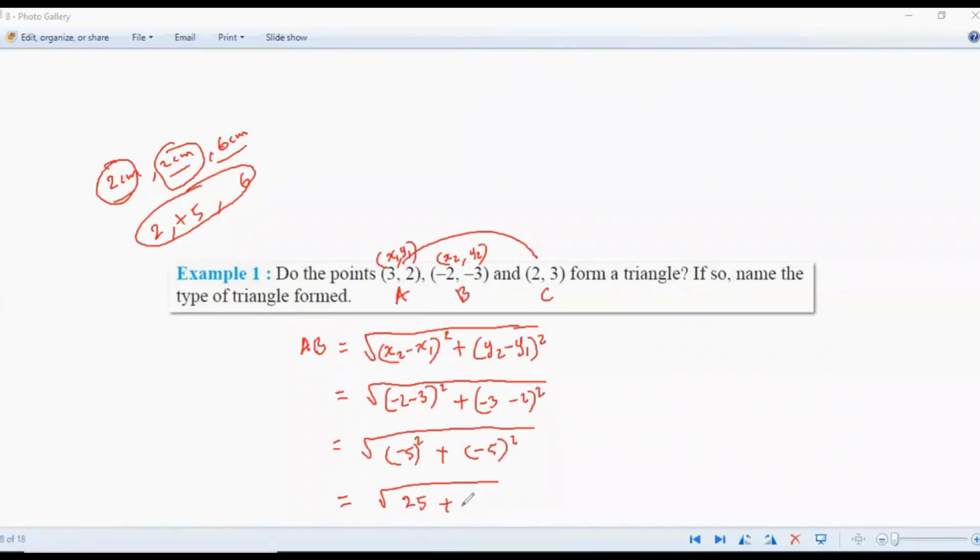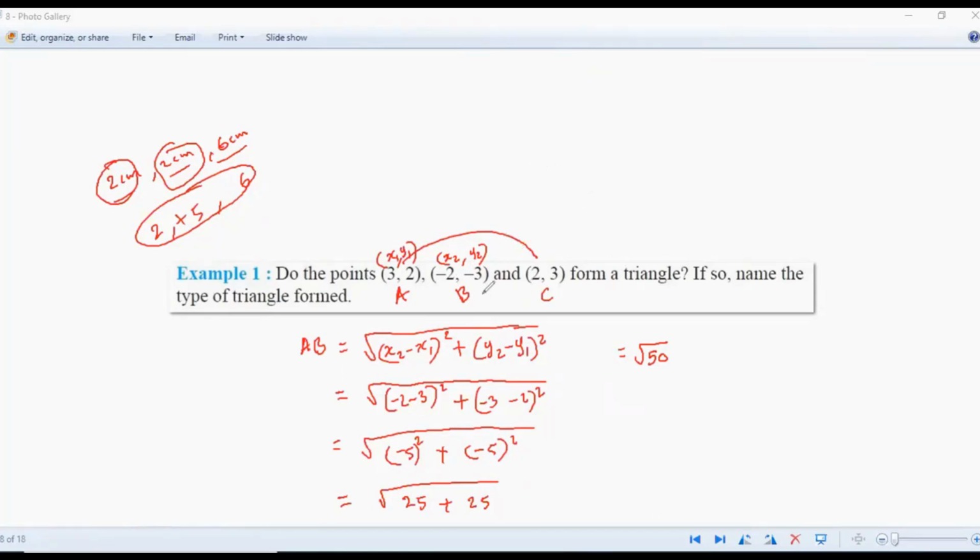Simply 25 plus again 25, so 50, root 50. Better you simply write root 50. There's a possibility to reduce this: root 25 into 2, then you can write 5 root 2. Anyway, we keep it like this to compare the lengths.